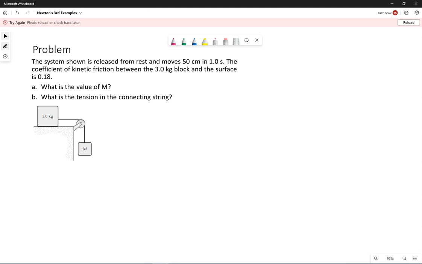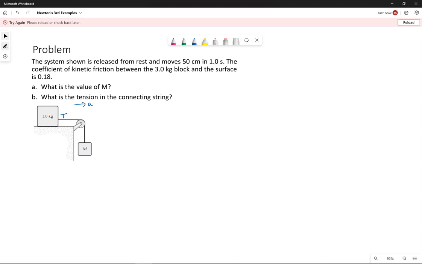In terms of the block on the incline, it does not have a pulling force that could make it speed up to the left. Now there's going to be friction opposing the motion, but if this block is released from rest, it's going to be the tension in this cable that gets this block speeding up and accelerating.